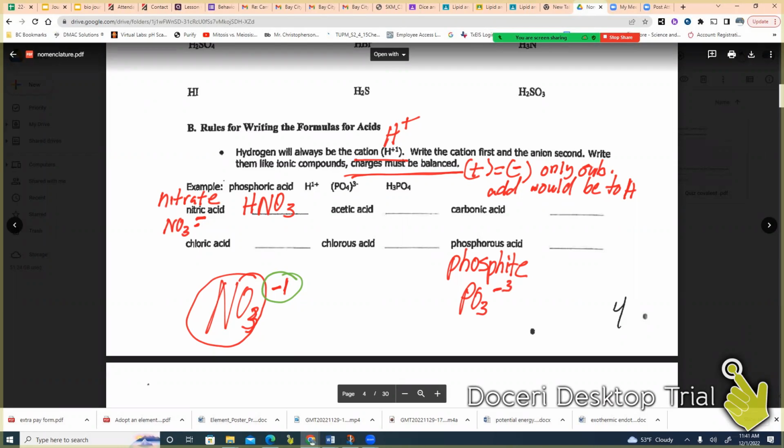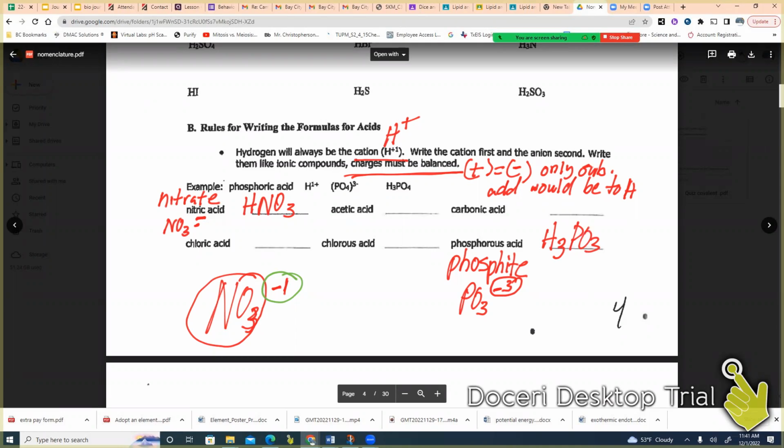So we know it starts with hydrogen because it's an acid. Hydrogen is only a +1, and this phosphite is a -3. So if I take that, make it positive, that will become the subscript for my hydrogen. So it would be H3PO3. By doing that, you're evening out the charges, making it neutral overall.